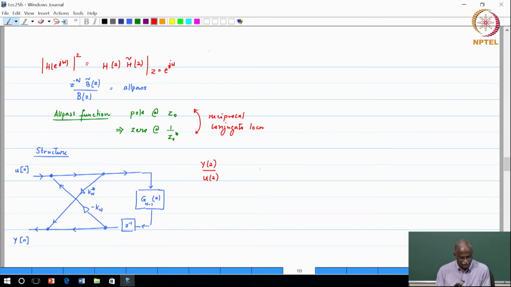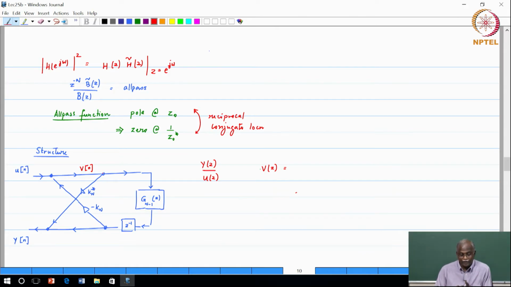So, let us work towards that, and it is helpful for us to define an intermediate signal v of n, because that helps us get the transfer functions. Let me just write down the steps. I am sure analyzing a lattice structure is something that you are familiar with, but just as practice, let us do that together. Please help me write the equation for v of z.